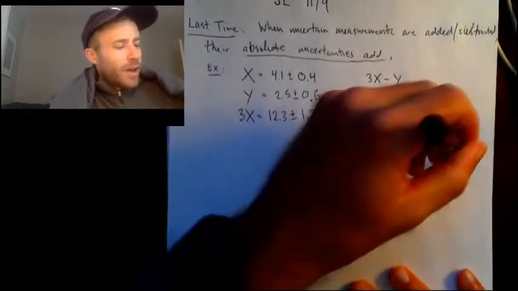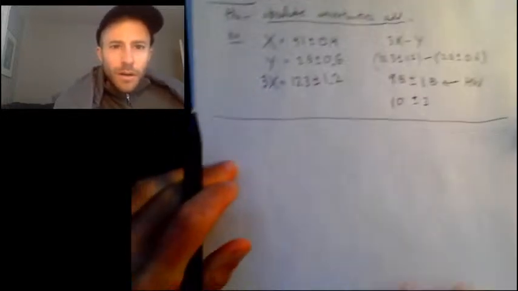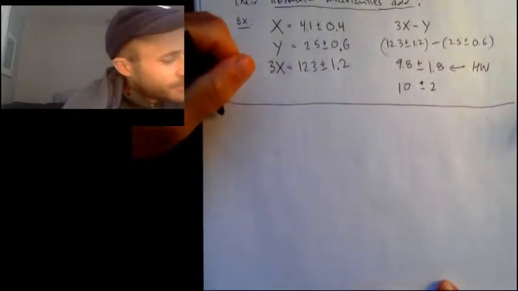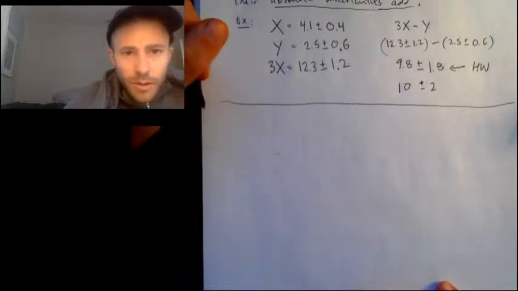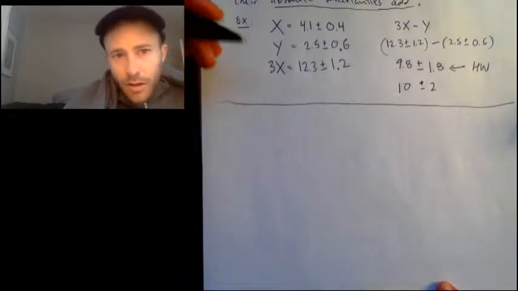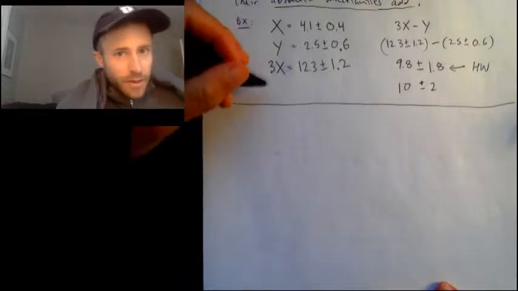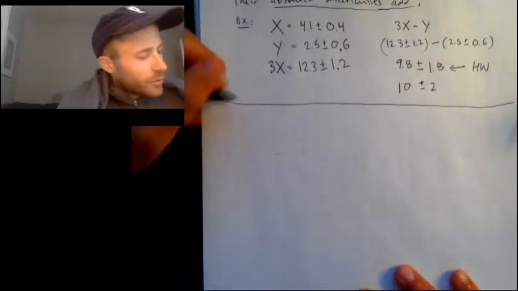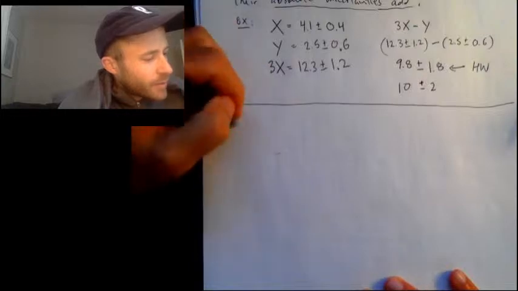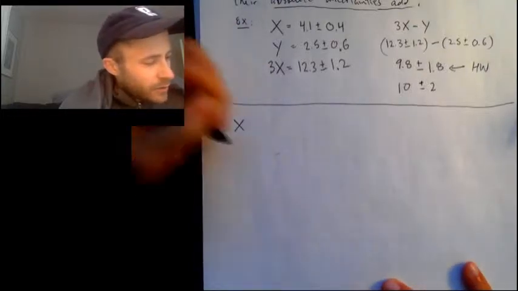All right, so that was last time. This time, what we're going to learn how to handle is situations where we are multiplying quantities. Okay. So let's suppose that we had two quantities, x and y.